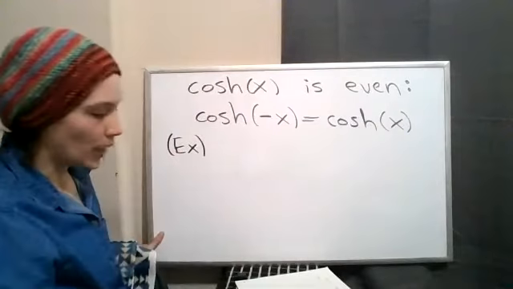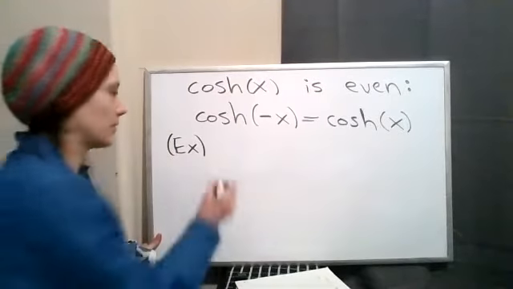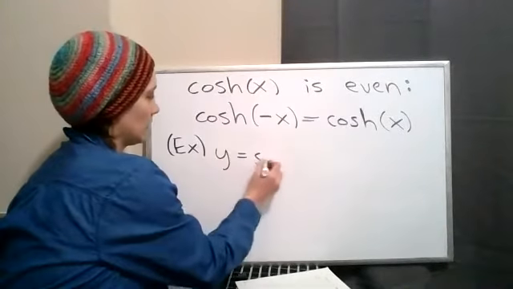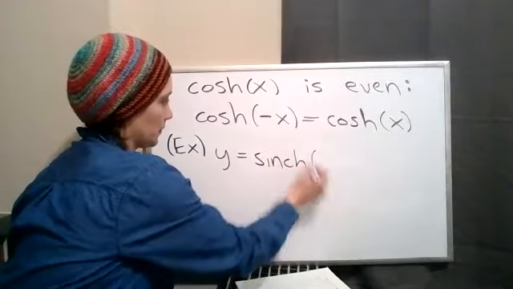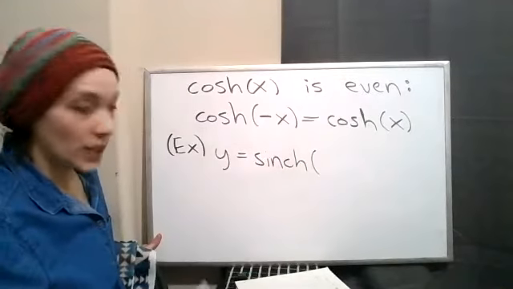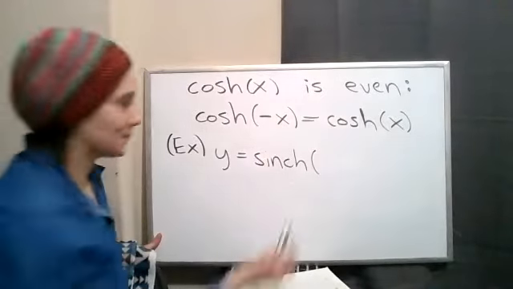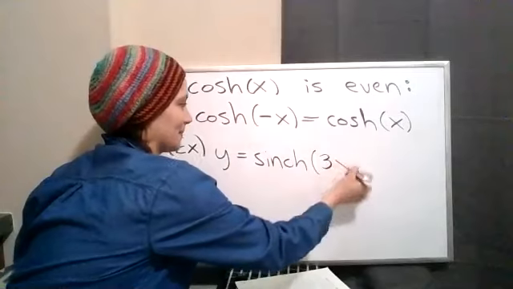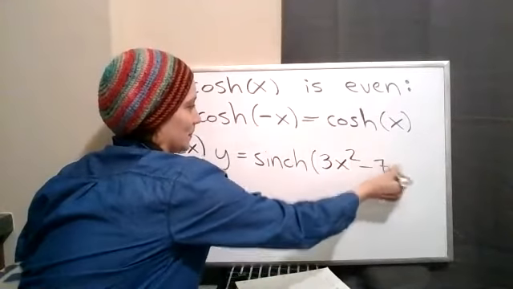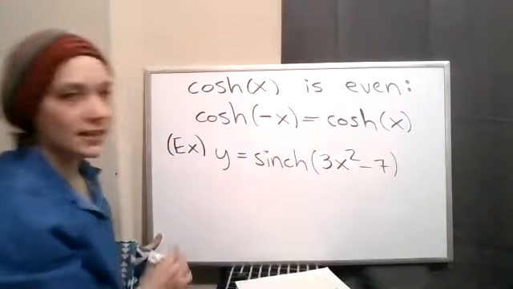We're going to let y equal sinh of 3x squared minus 7. Find the derivative.